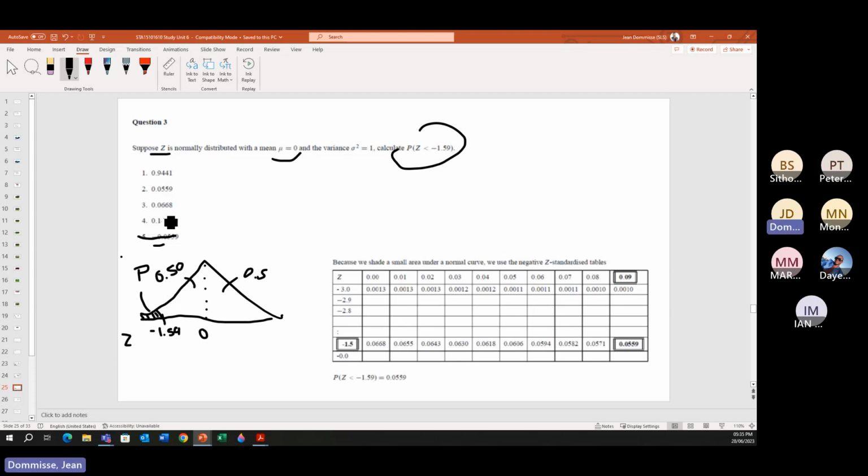So again, if you look at your options, smaller than 0.5, we can't have option 1 in there because that one is bigger than 0.5. So at least we are sitting now with only 3 that we need to work with instead of 5 options. Okay, then we're now looking for negative 1.59.